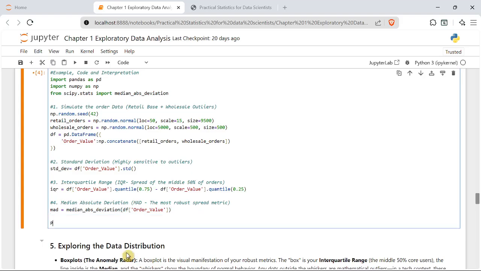Print order value variability estimates.